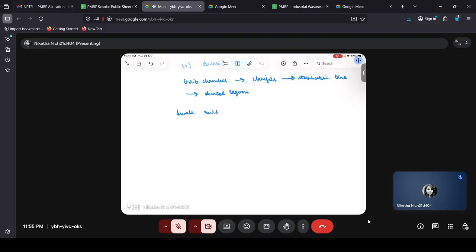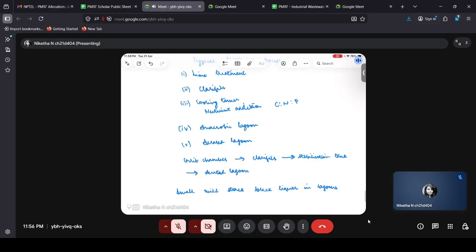So, in those cases, the black liquor is stored separately in lagoons. So these are stored there, and they are allowed to biodegrade, so that they can avoid separate treatment.